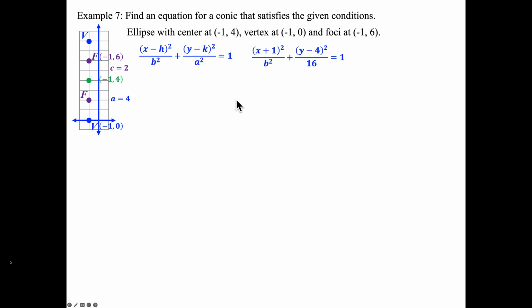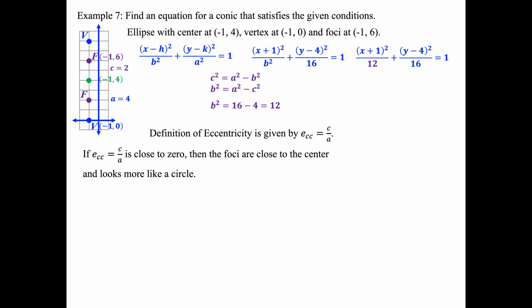So again, we're going to grab our Pythagorean theorem with the minus sign, plug in the a squared, 16, plug in c squared, which will be 4. You could solve for b squared as a formula first, then plug in your numbers. 16 minus 4 is 12. Put that in for b squared, and there is the equation of our ellipse.